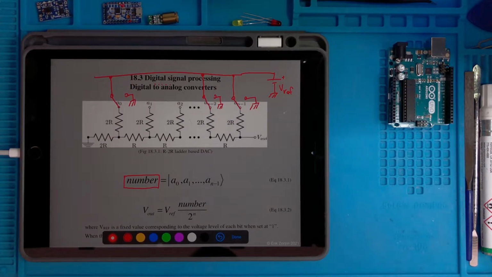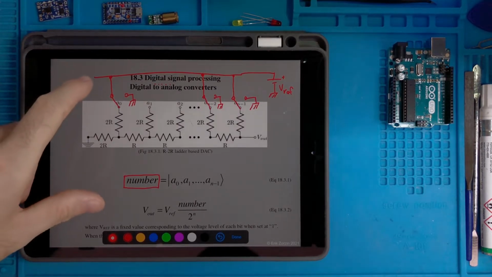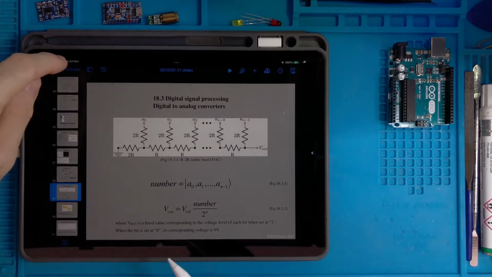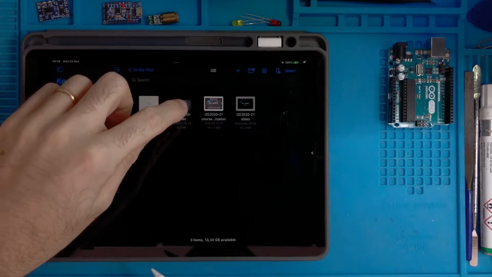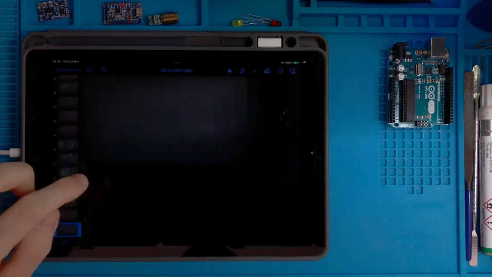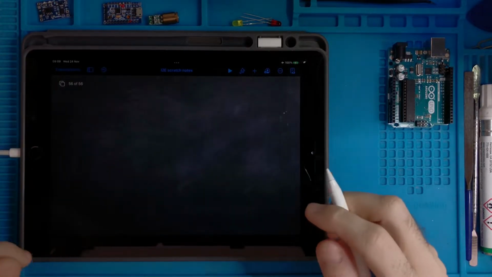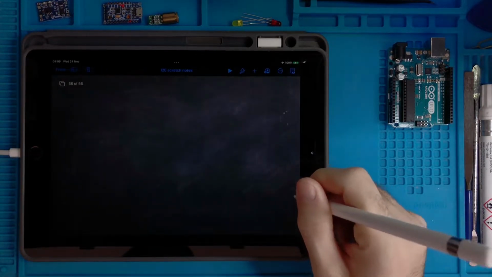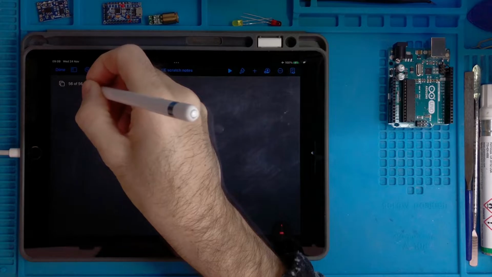Okay, so let's try to see how this thing can work. So we go to the blackboard and we try to replicate a couple of cases. So I just copy the first part of the circuit. It was like this.